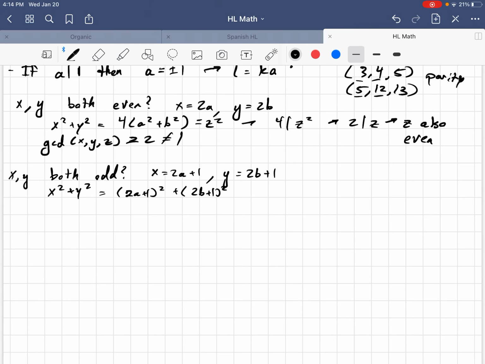And when you FOIL that all out, you're going to get 4 times (A squared plus B squared plus A plus B) plus 2, which is equal to Z squared.